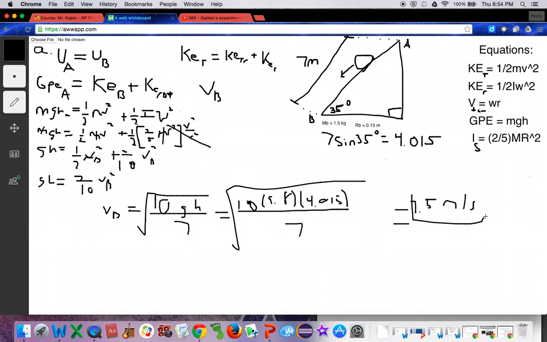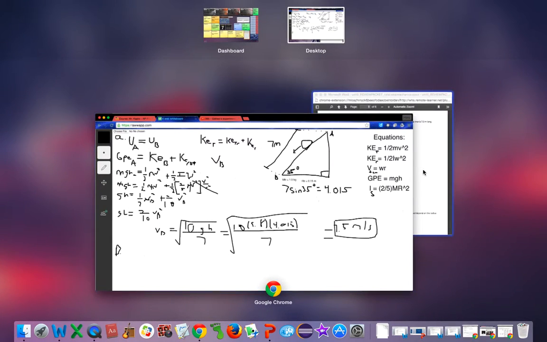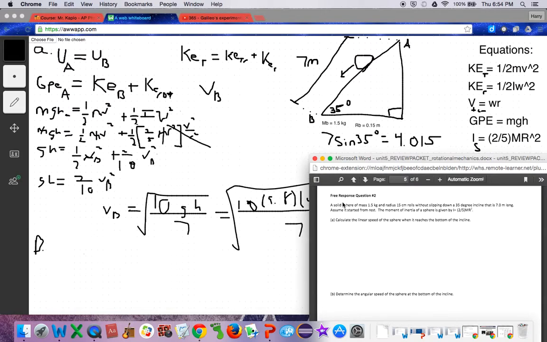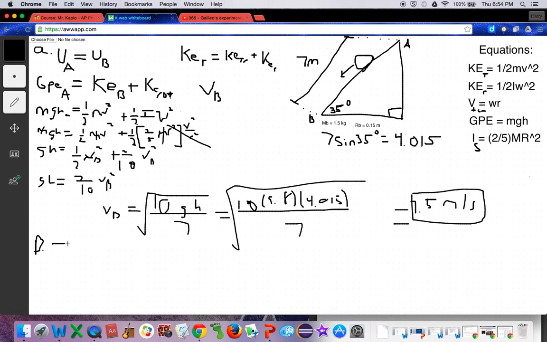And this is the key idea. This is the linear speed. Unfortunately, though, guys, we got two more parts. So part B reads, determine the angular speed of the sphere at the bottom of the incline. So we solved for linear speed v, but they want omega. How are we going to solve for this? Well, we know that tangential speed is equal to, I almost said w there, I meant omega.